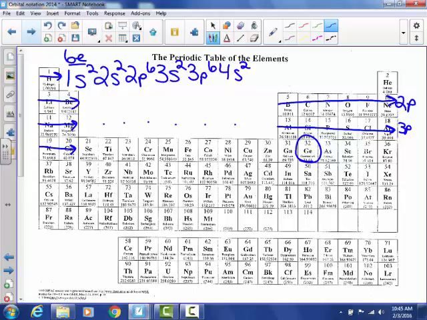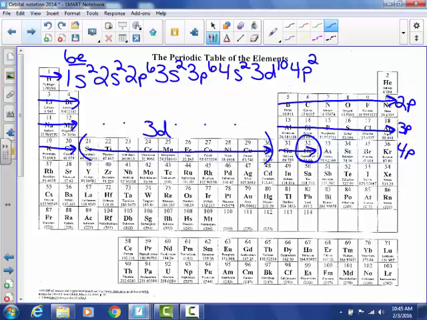4s2. And now we have to transition through this entire region, which we have to remember is 3D. So we're going to go all the way across 3D10. And then we're going to go over to here, which is 4p, because that's my 4p region.